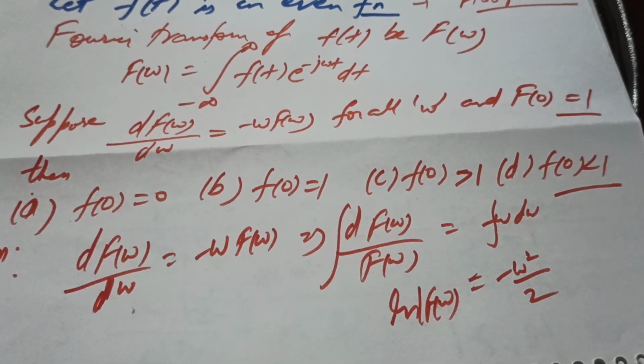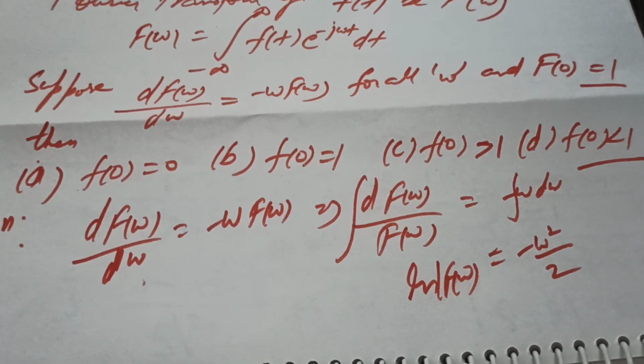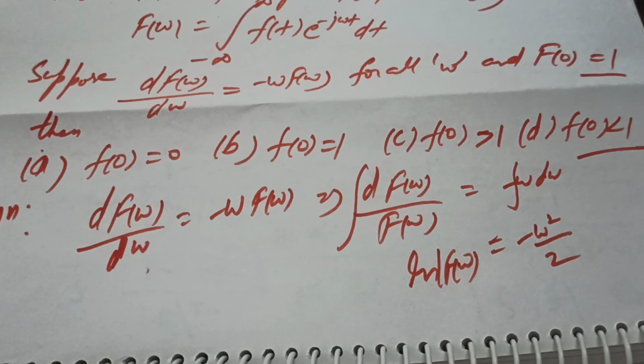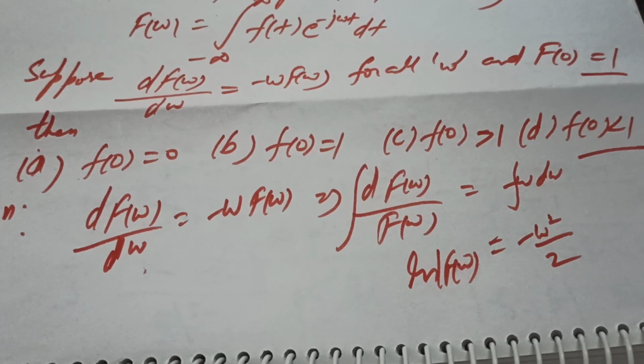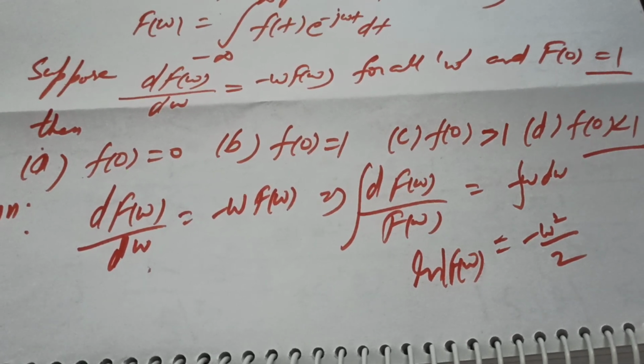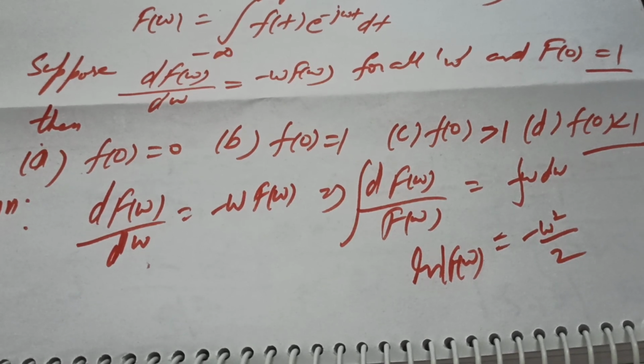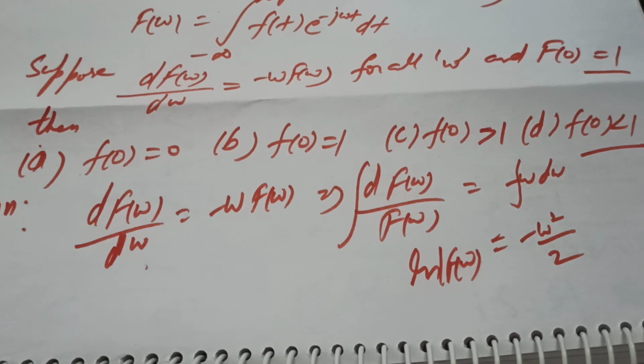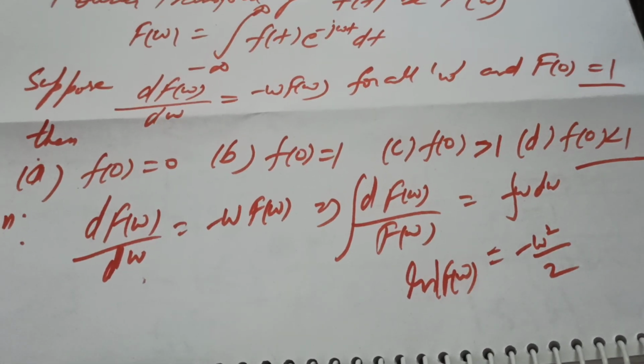Now it is given that dF(omega)/d omega is minus omega F(omega) for all omega, and F(0) is 1. Then we have to find out which of these four options is correct. I hope the question is clear.